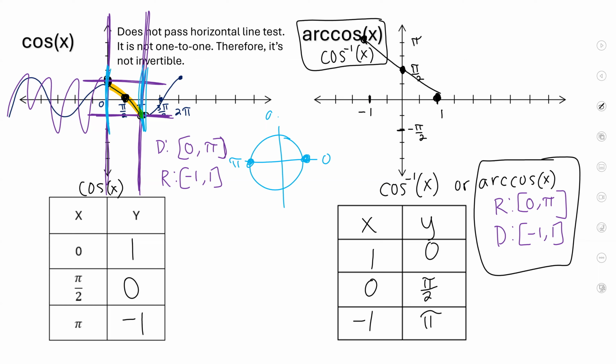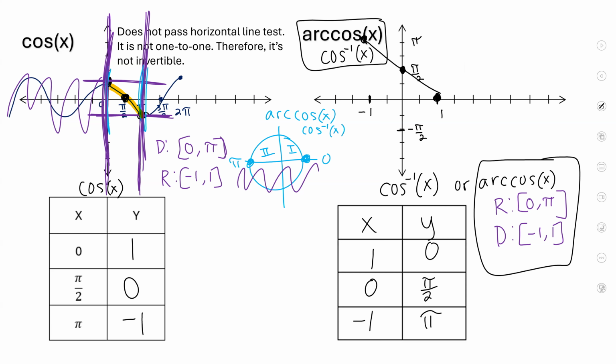That means your arc cosine, also known as the inverse of cosine, is only in the first quadrant and the second quadrant. That's the only place you should be looking when you're doing the inverse of cosine. You're not looking down here ever, because we restricted the domain. We're only looking between 0 and pi because that is where it's one-to-one. It passes the horizontal line test there.